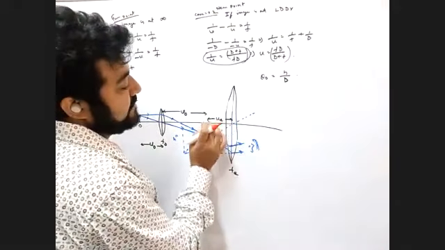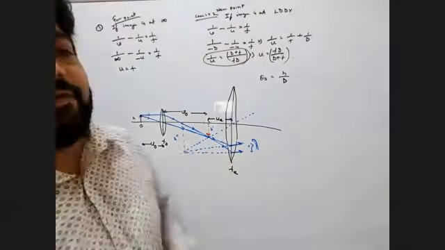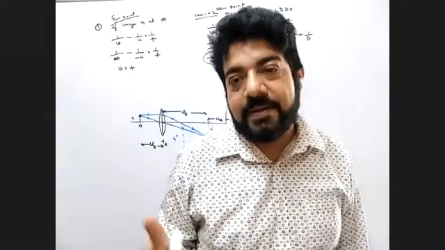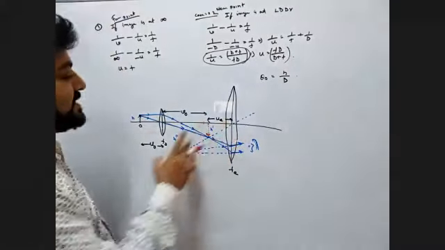So if it is greater than focal length, then the image is not in that side. We know for a convex lens, if the object is between focus and pole, then and only then the image is in same side. Yes or no?